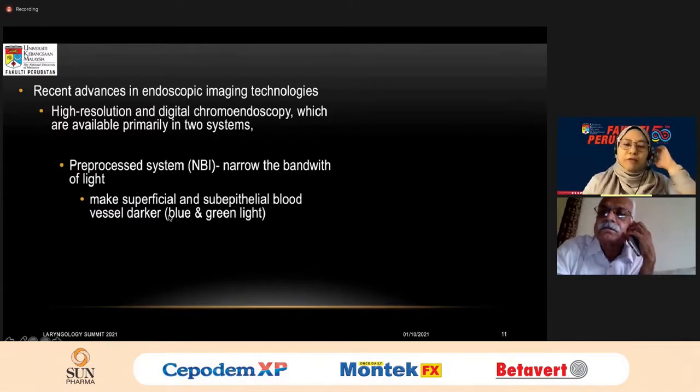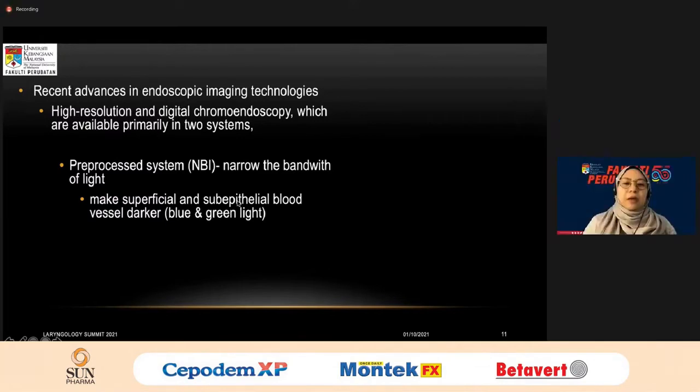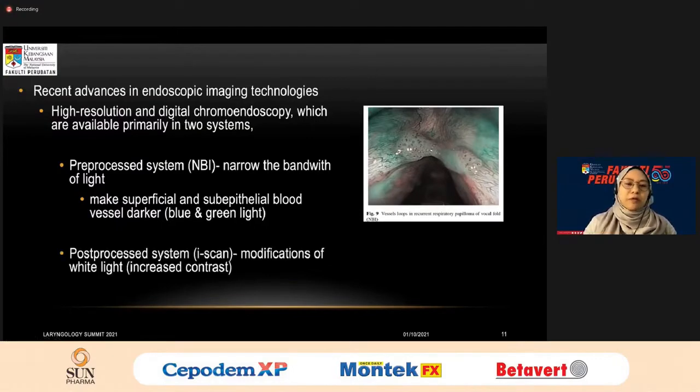The shorter wavelength light will be absorbed by hemoglobin in the vessels of the superficial layer, whereas the green light, which has longer wavelength, will be absorbed by hemoglobin in the subepithelium, which is deeper. Therefore, the images enhance the mucosa and vessels, and look green in appearance.